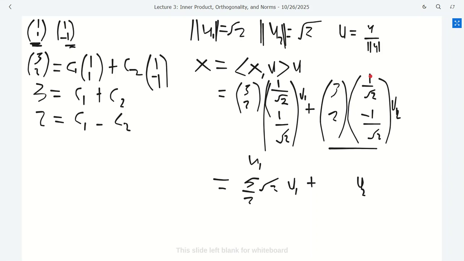So 3 multiply 1. So we find the inner product of this. Let's be quick.